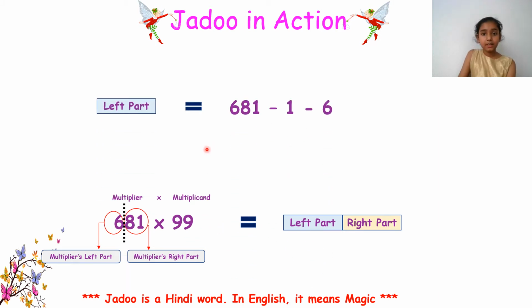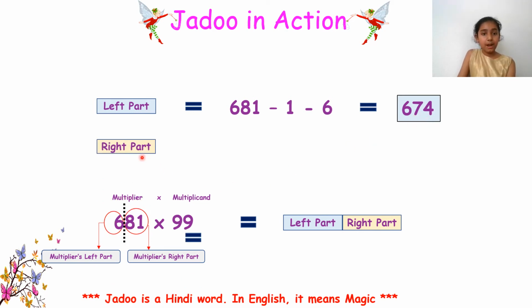Left part means multiplier minus 1 minus multiplier left part. So 681 minus 1 is 680 and 680 minus 6 is 674.